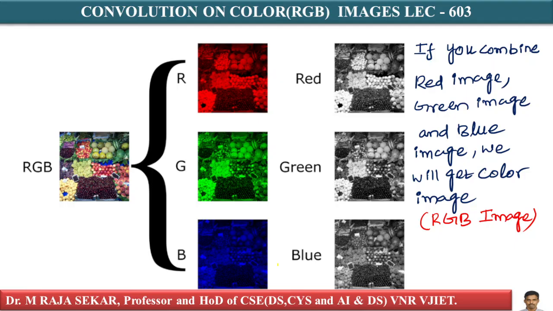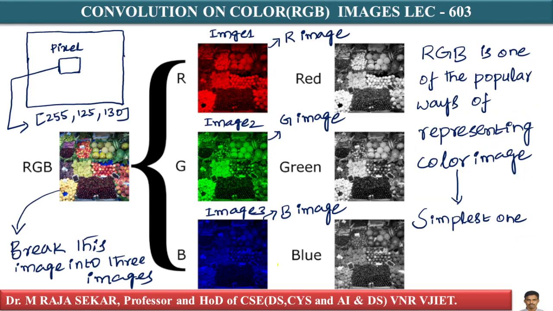You have the red image, the green image, the blue image. If you combine all of them, what you get is a color RGB image. This is an alternative way of thinking about it. The first way is thinking about the pixel; now I am discussing the image itself.